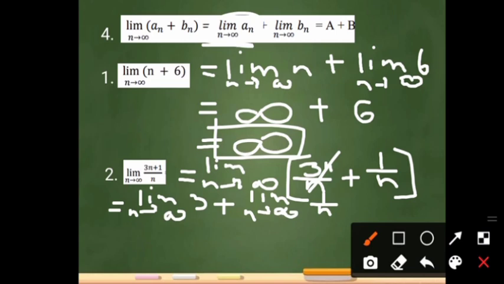The limit of 3 as n approaches infinity is 3. We use here property 1 and property 2.